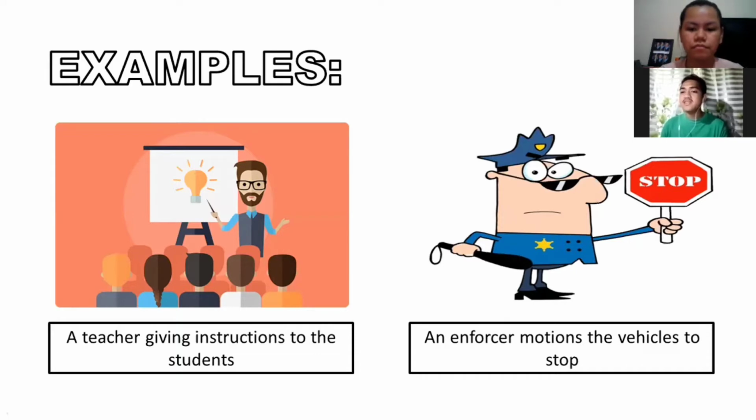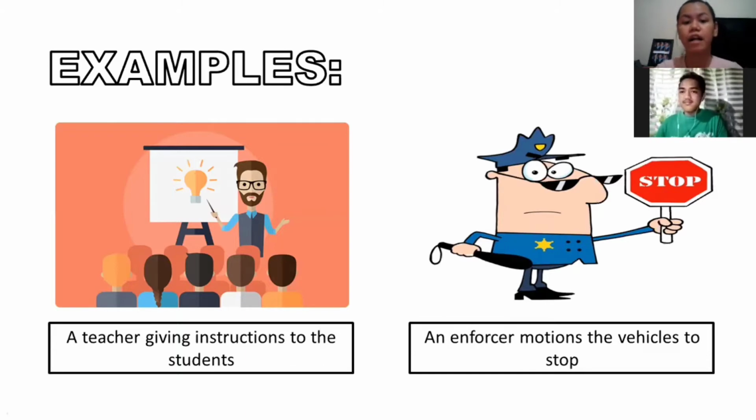Another example is a traffic enforcer motioning the vehicles to stop. Ma'am, hindi naman po naririnig ng mga drivers yung traffic enforcers. But there is communication. Why? Because when we communicate, we actually involve verbal and non-verbal communication.